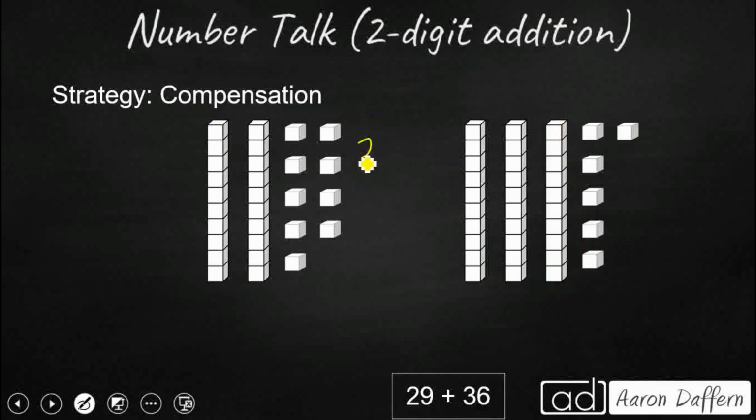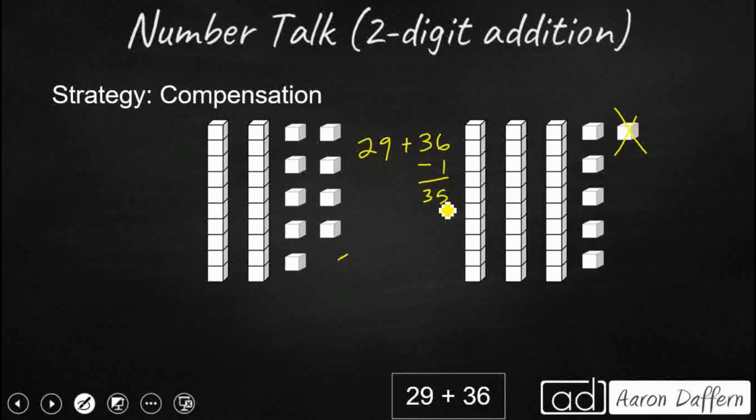Also, compensation can be fun. It gives us two different numbers, but it makes it a lot easier. So what we do with compensation is we look at both addends and we try to figure out which one is closest to the next 10. So 29 is 1 away from 30. All I need is one extra 1 and I get it to my next 10. So that's what I'm going to do. I'm going to take 1 away from my 36, and I'm literally just going to take it away.